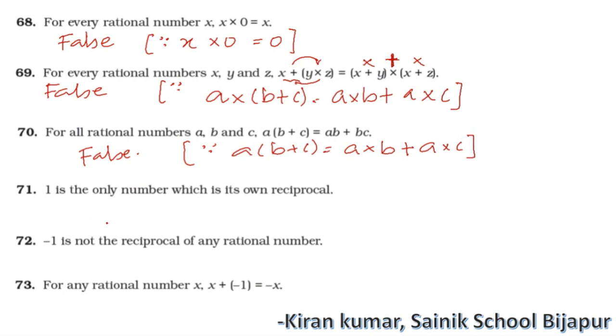Statement number 71. 1 is the only rational number which has its own reciprocal. It is false because both 1 and minus 1 have their own reciprocal.